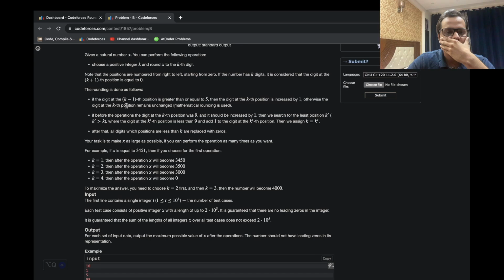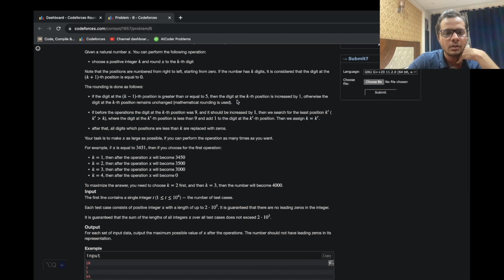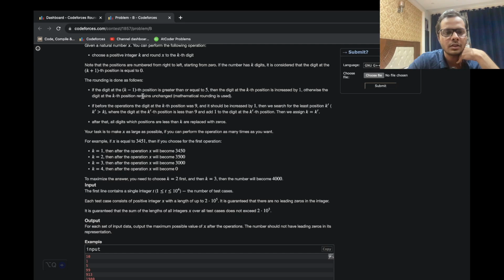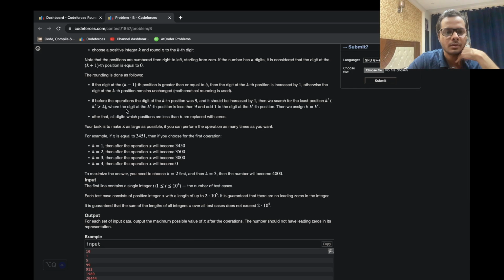If the digit at the k minus 1th position is greater than or equal to 5, then the digit at the kth position is increased by 1, otherwise the digit at the kth position remains unchanged. If before the operations the digit at the kth position was 9 and it should be increased by 1, then we search for the least position k prime.